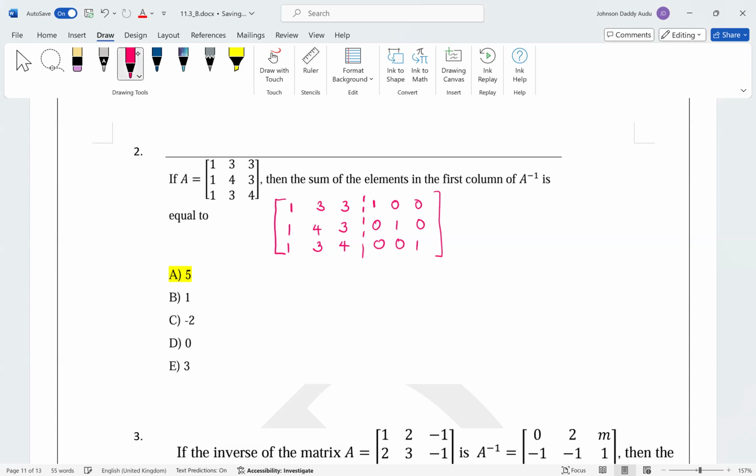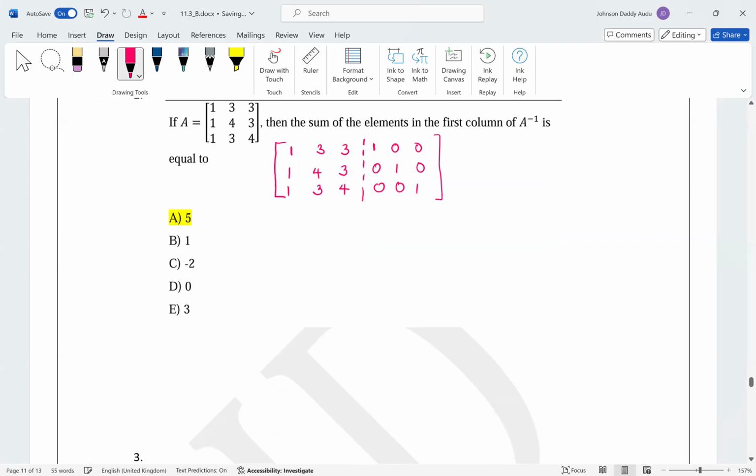And then we try to convert this to an identity matrix using row operations. Okay. So this is already 1. Then we can have minus R1 plus R2 and minus R1 plus R3. This will keep this as 1, 3, 3.